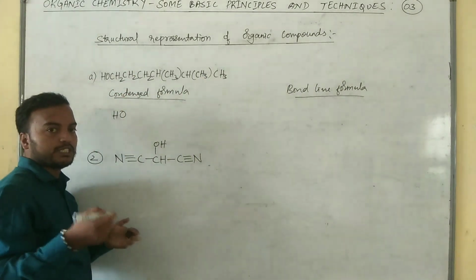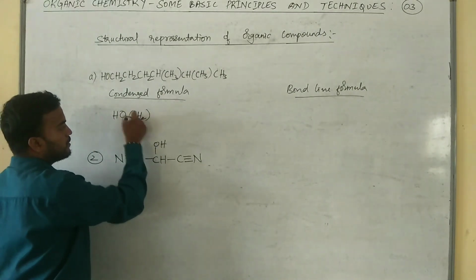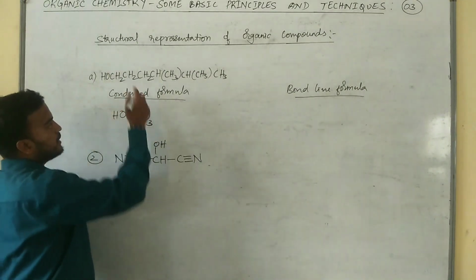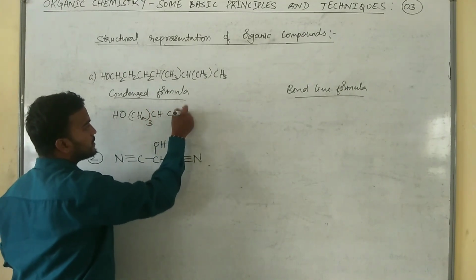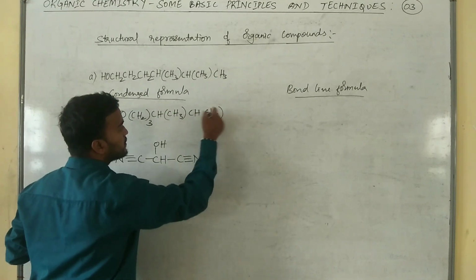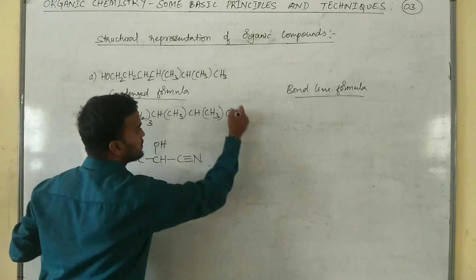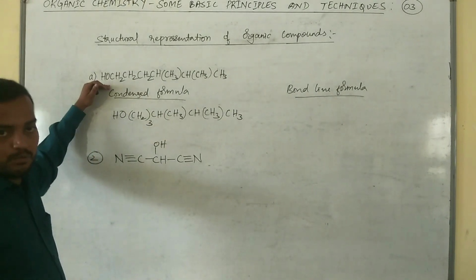Then CH, CH3, CH, CH3 and CH3. So this is the condensed formula for this compound.